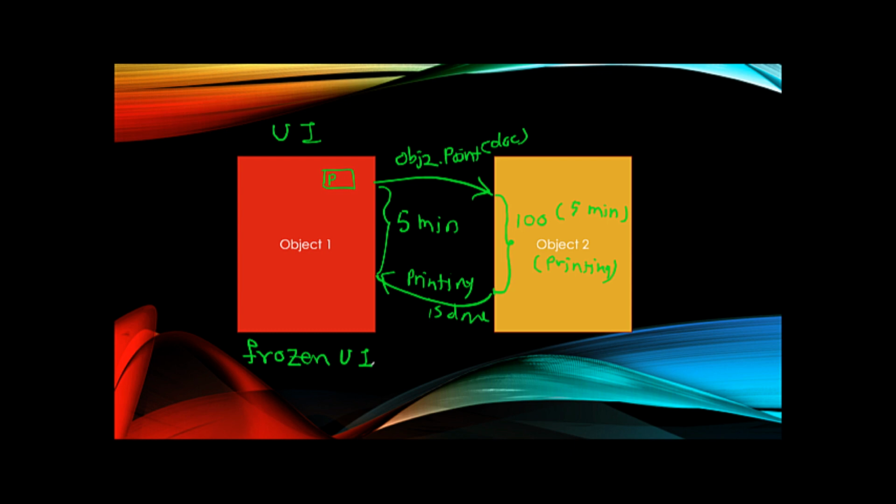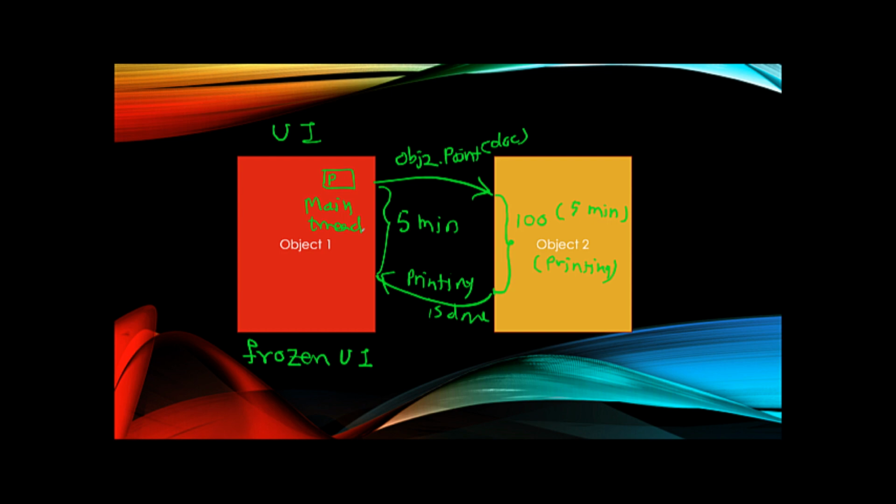So that's the typical problem if we do not use protocols and delegates and just use one-way communication, where you call onto other objects with a long-running method. While object 2 is running its long-running method, object 1 is stuck and cannot do anything because all the operations are running on the main thread. And there is nothing in object 1 that the UI can do. Basically, your user is almost stuck.